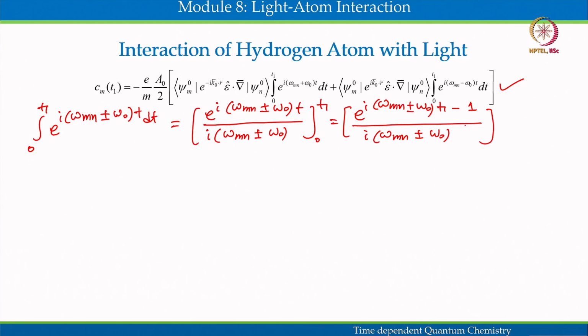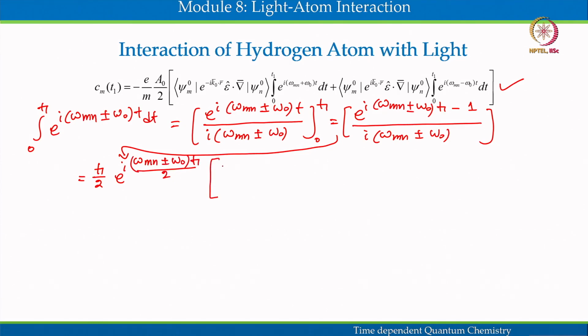So now I'll just use one trick, which we have used before as well. We multiply by t1 by 2, then e to the power i (omega mn plus minus omega naught) t1 by 2.